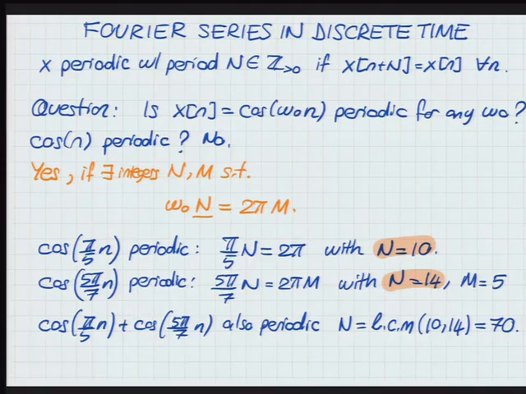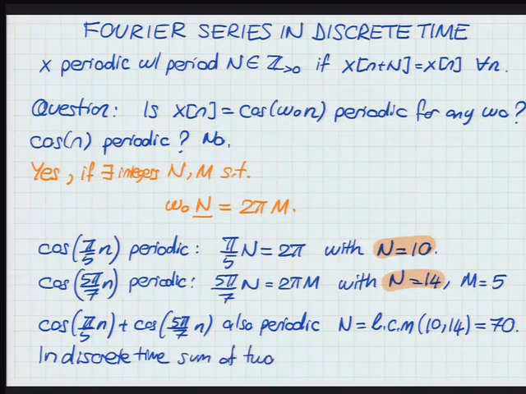So unlike in continuous time, in discrete time, the sum of two periodic signals is periodic. And the common period is the least common multiple of the two numbers, which are integers. Those being integers basically makes it possible to say yes in discrete time.